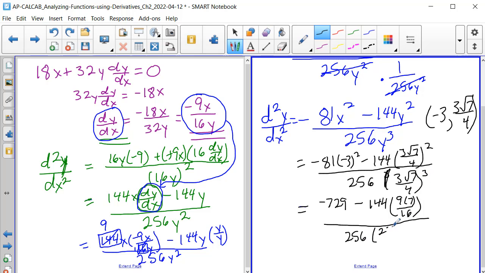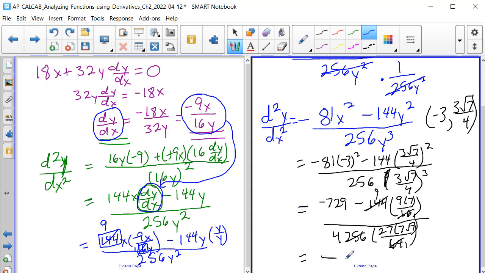We will have 27 times 7 square root of 7, all divided by 4 to the third, which is 64. And now we can cancel some things out here. 16 goes into 144 9 times, and 64 goes into 256 4 times.